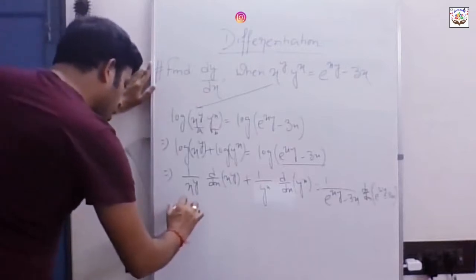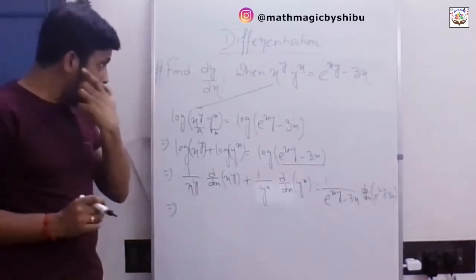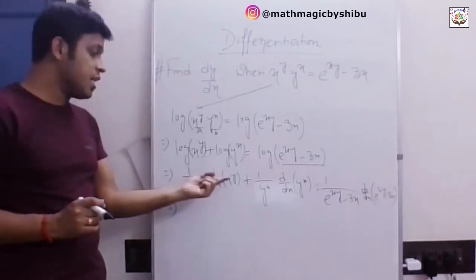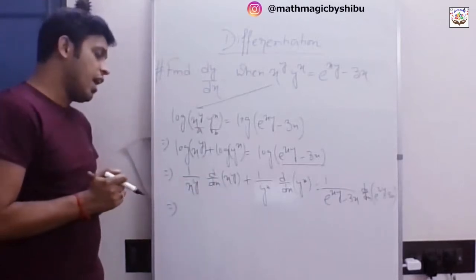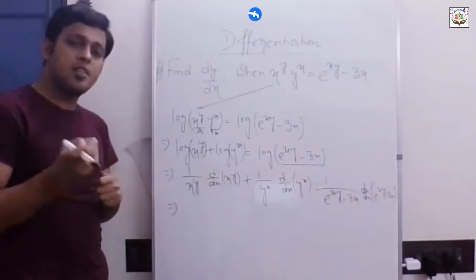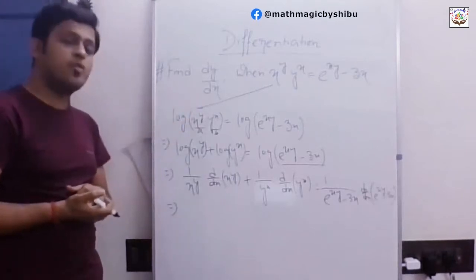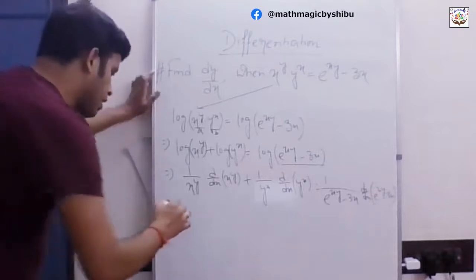We need to do the differentiation of x to the power y. Remember, y would be a variable. It should not be considered as a constant term. But we need to differentiate this expression with respect to x, right?